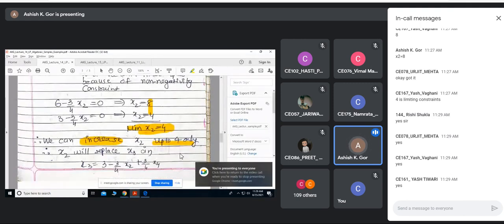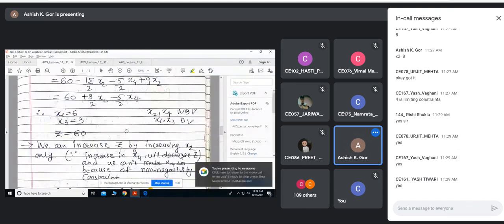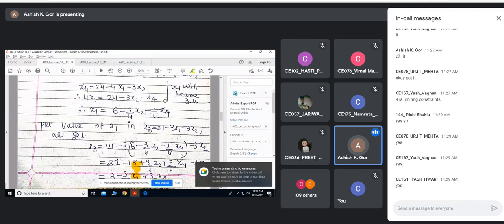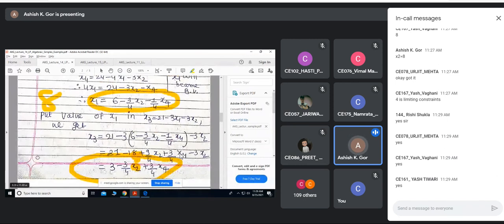So then you tell me, Yash, which one is the leaving variable? Because I think you got this concept, right? Which one will leave? Out of these two equations, in which equation do you get the minimum value? 8 and 4. Here you got 8, here you got 4.